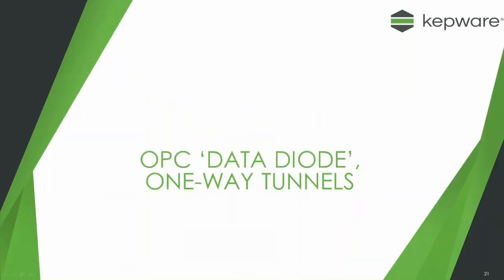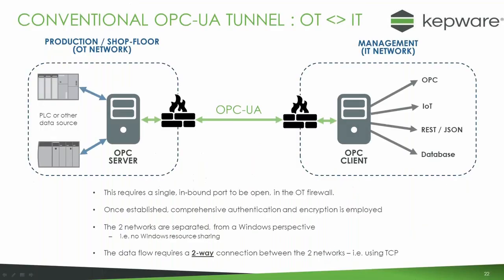Another way of doing this is a way that myself and one of the engineers at KEPWARE have explored over the last couple of years, a thing called Data-Diodes. So going back to the conventional way of using OPC UA, the data passing between an OPC UA client and server is two-way.